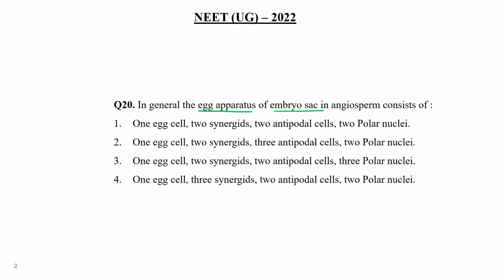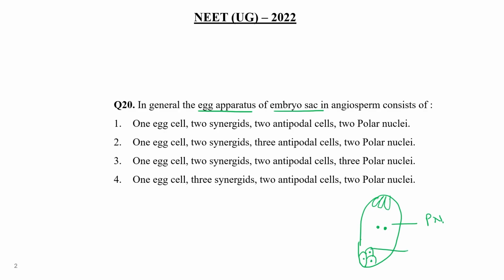Egg apparatus of the embryo sac. This kind of structure, right? So how many polar nuclei are there? Two polar nuclei.